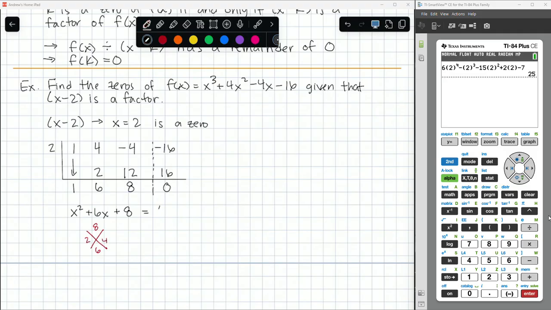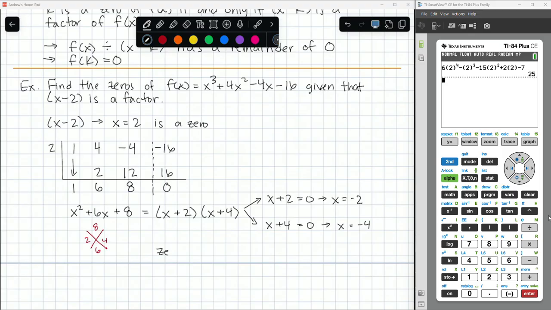So this is x plus 2 times x plus 4. And that's going to give me 2 additional zeros. x plus 2 equals 0 gives me the zero, x equals -2. And x plus 4 equals 0 gives me the zero, x equals -4.